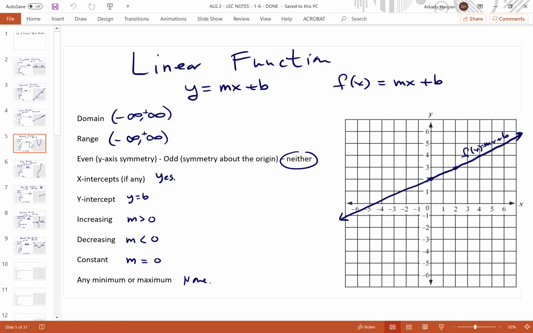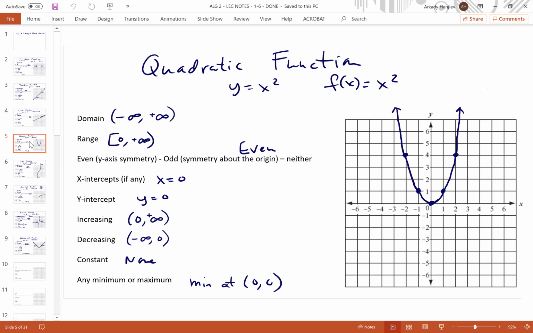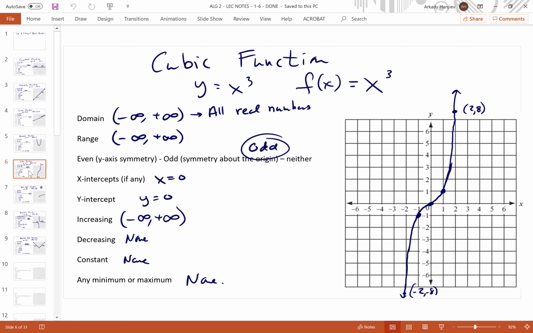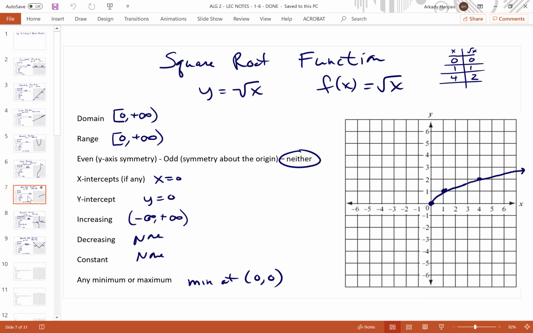Okay, next one, quadratic function. And we learned all these little things about it here. The cubic function. The square root function. This one's kind of funny because it starts at a certain point and then just extends, right? It starts at 0, 0, and then just extends.